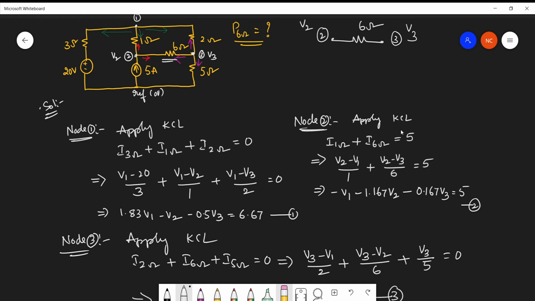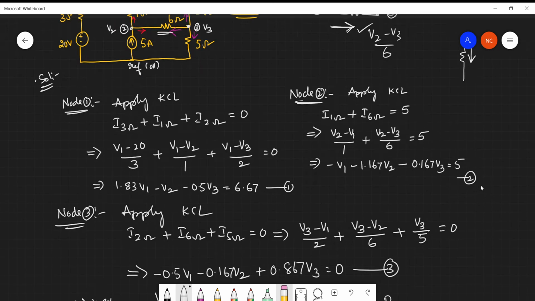If in any element the direction is not given and you are supposed to find the power dissipation, consider the current direction left to right, or if the element is vertical, top to bottom. So in this direction, what is the current? Is it not (V2 minus V3) by 6? Yes.